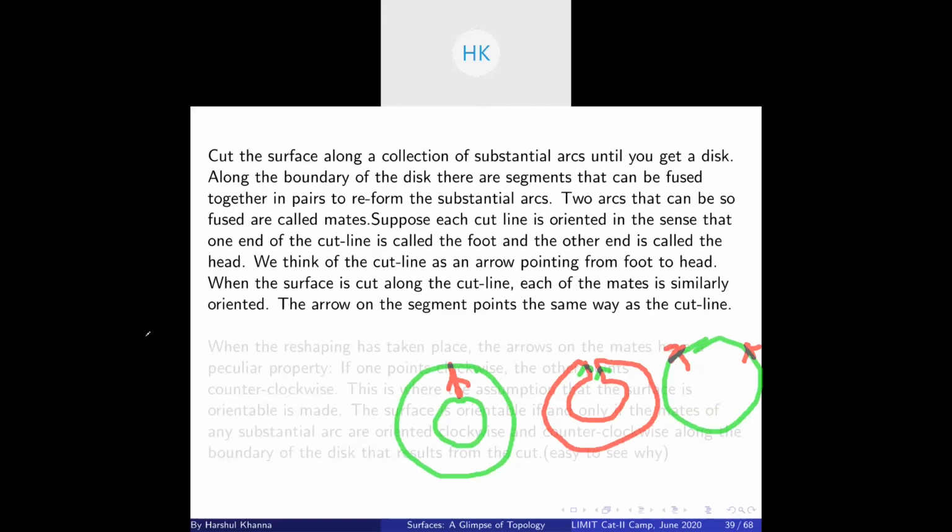So suppose this surface has ends of the same orientation. Suppose this is a disk, and you have this segment and this segment, which points in the same direction. Now we essentially disconnected the surface along that portion. So now we have to glue it back, right?